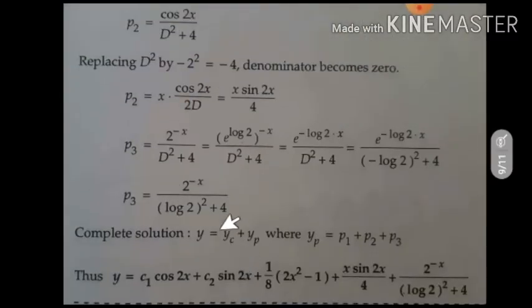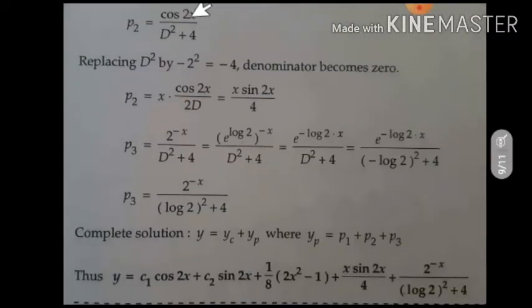What is the 2 time derivative of x square? 1 time when you differentiate it becomes 2x. 1 more time when you differentiate it becomes 2. So I substituted the answer of that, that is 2 divided by 4. So 1 by 4 multiplied to the bracket term, x square by 4 minus 1 by 8. It is P1.